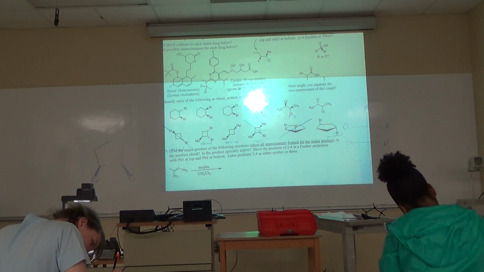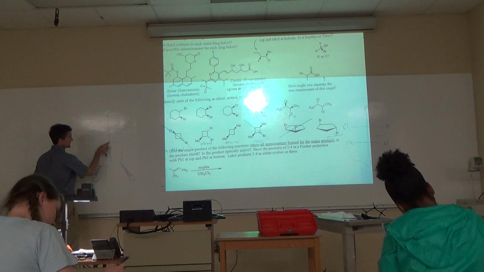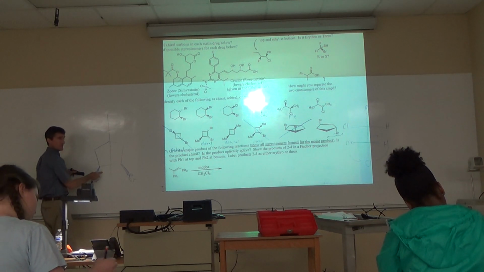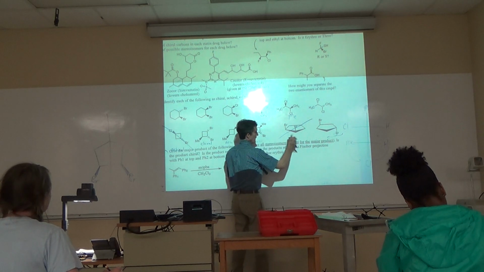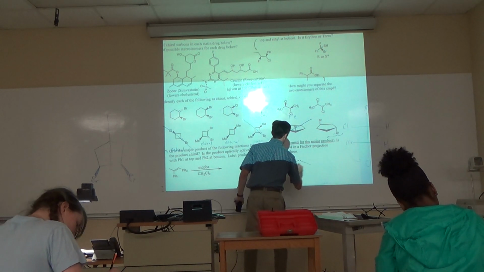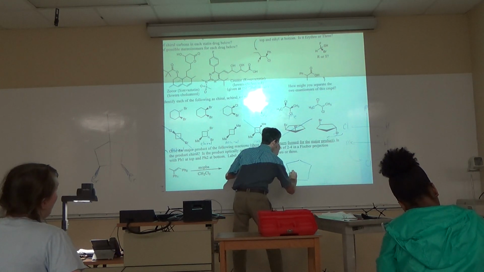Now can you see a plane of symmetry? Yeah, it's right through there. It's supposed to be right through that carbon in between these two. That's what I tried to show here. Another way we could do that is just turn it a little bit. You can still draw the bromine sort of like up.